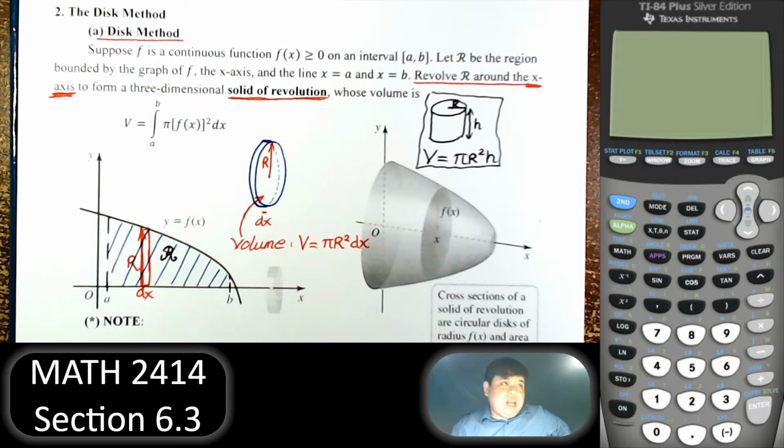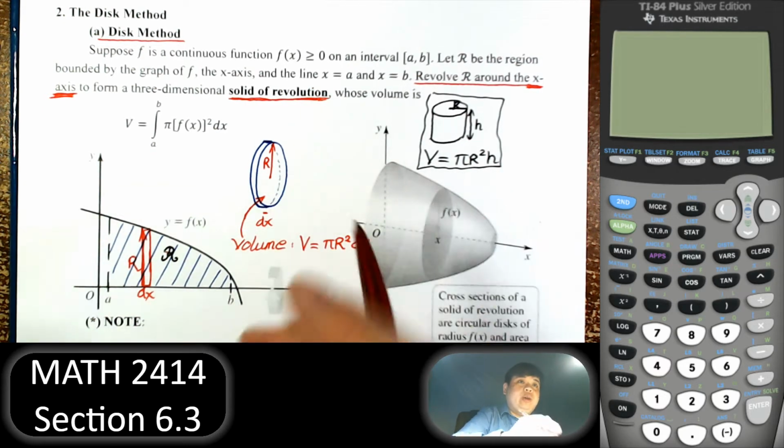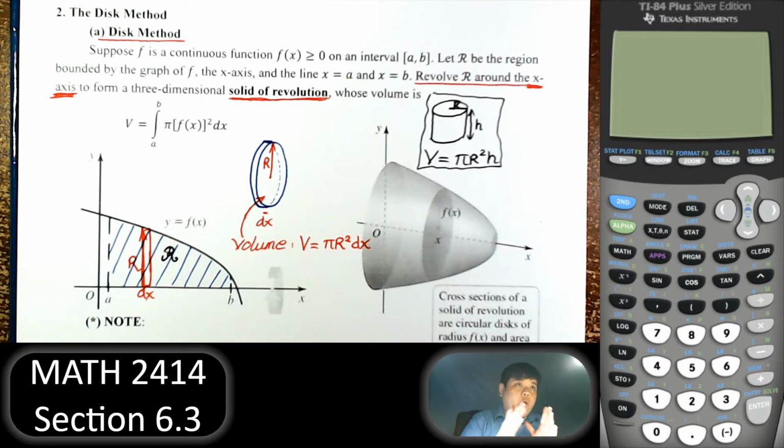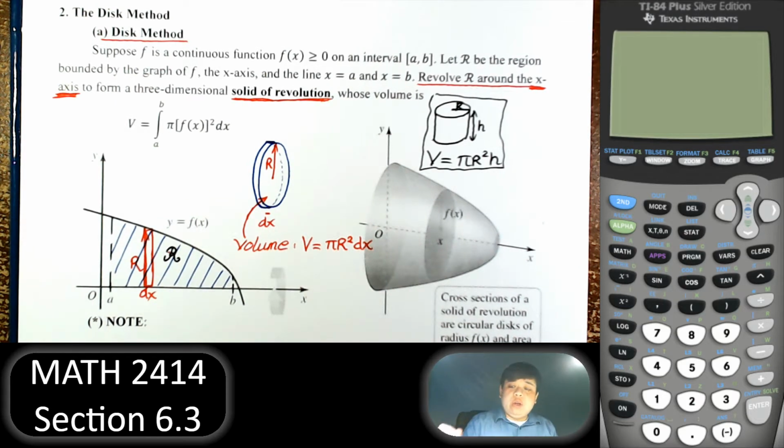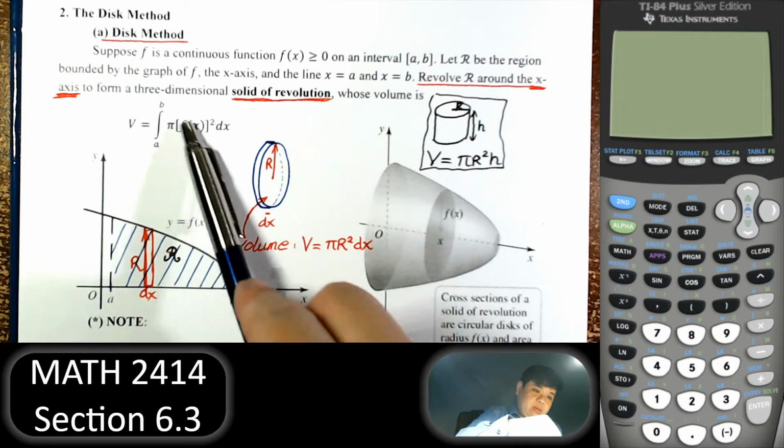So for one slice, if we want the volume of the whole thing, we add the integral to it, and we add the volume of all of those cylinders, all of those disks, and we should have the volume. So that's why we end up with this.